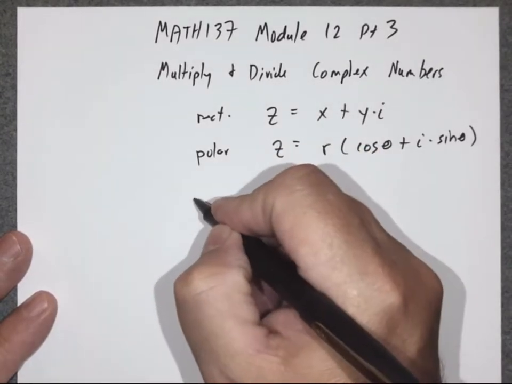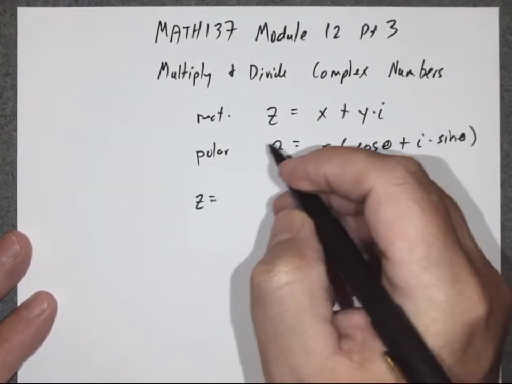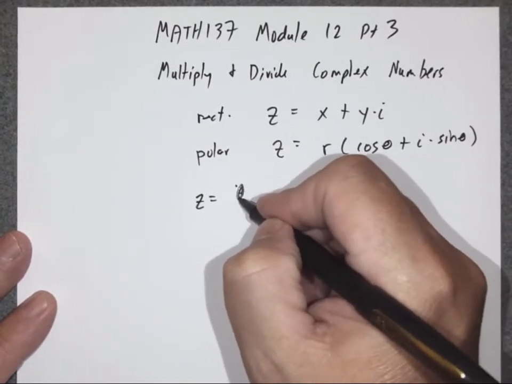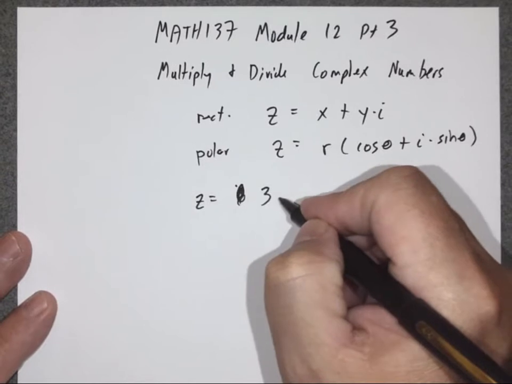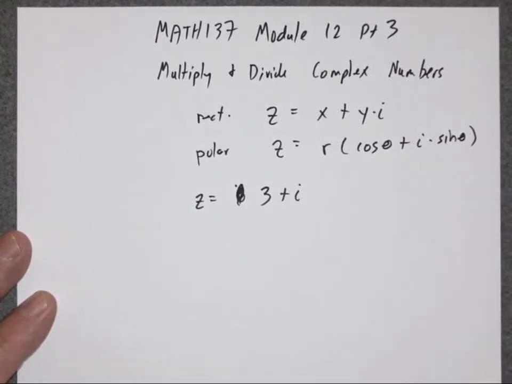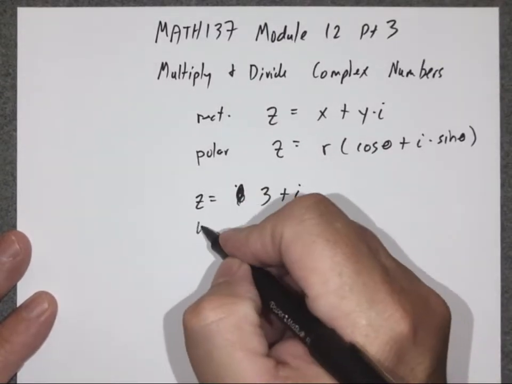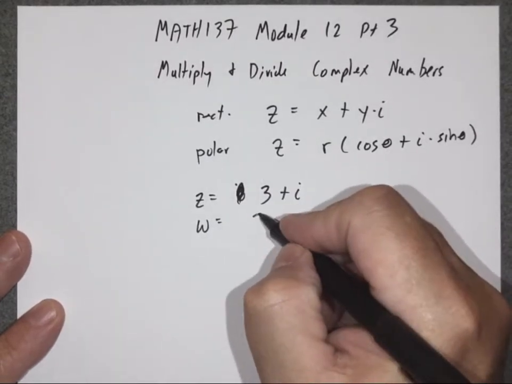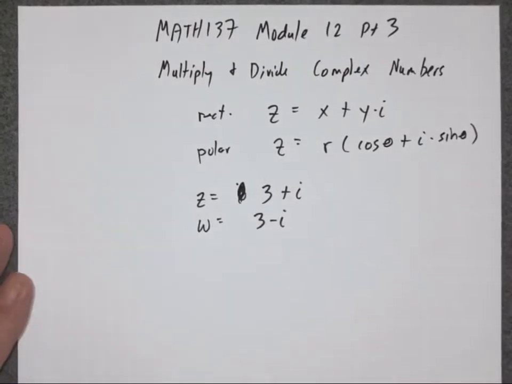Let's just say I have a complex number written in rectangular coordinates, z equals 3 plus i. I'm going to call the second complex number w, 3 minus i.